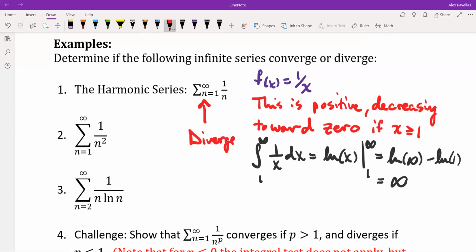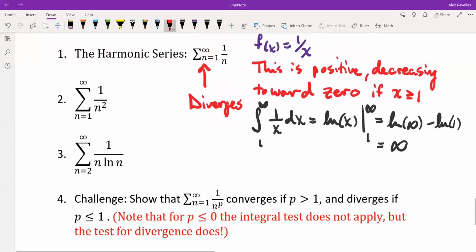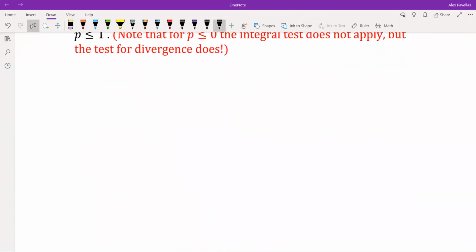Since I'm running out of room here, for number 2 I'll scroll down. A similar series is the sum of the reciprocals of the squares: the sum as n goes from 1 to infinity of 1 over n squared.